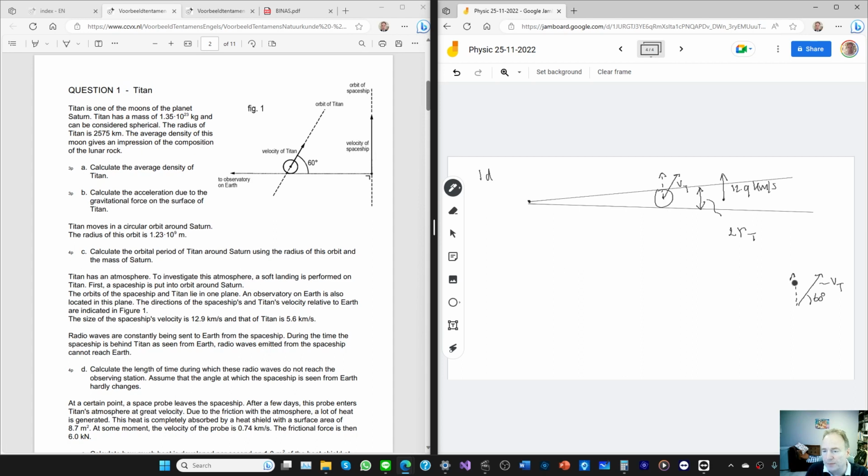So this component here is the sine. Just use what you learned in calculus about the unit circle: the sine is basically the projection on the y-axis. And we get this speed here is the sine of 60 degrees times the speed of Titan.